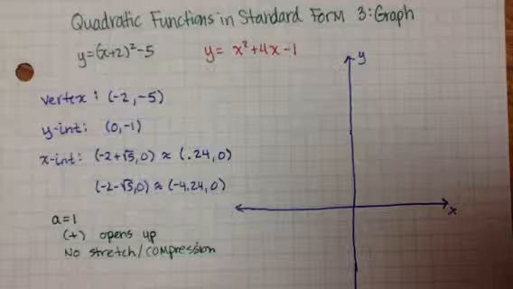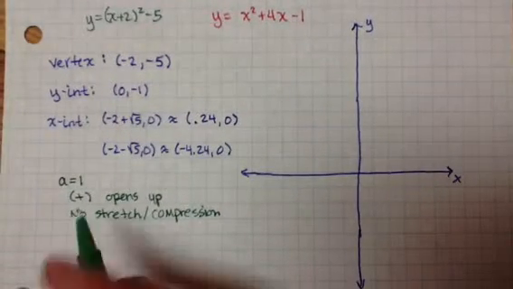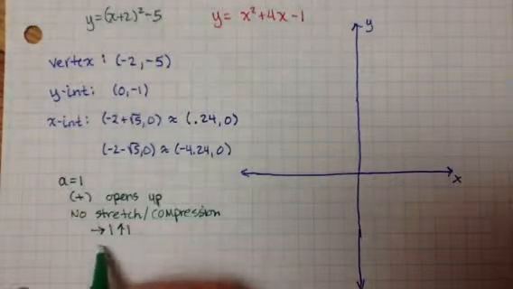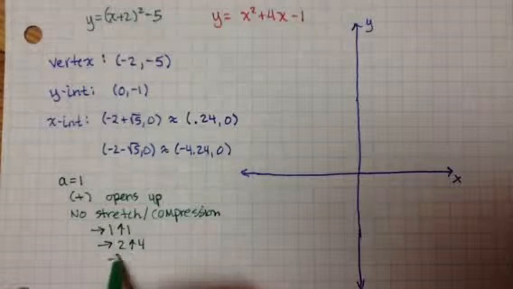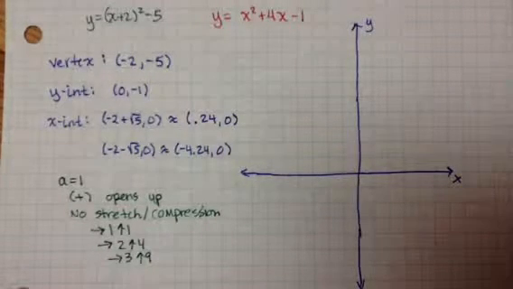So the pattern of growing this parabola is just the standard over 1, up 1, over 2, up 4, over 3, up 9.